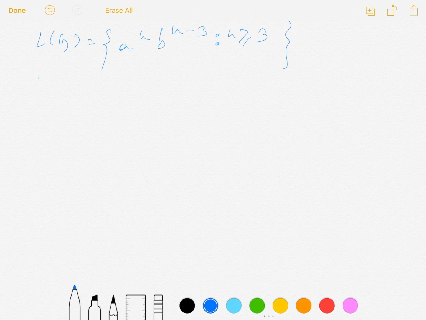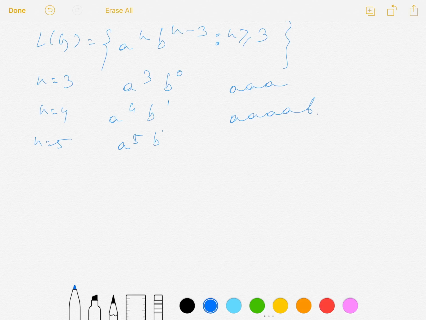So consider the minimum value of n equal to 3, then it will be a^3 b^0, that means 3a must be there, and if n equal to 4, then it will be a^4 b^1, that means 4a 1b. If n equal to 5, then it will be a^5 b^2, that means 5a 2b, like this.